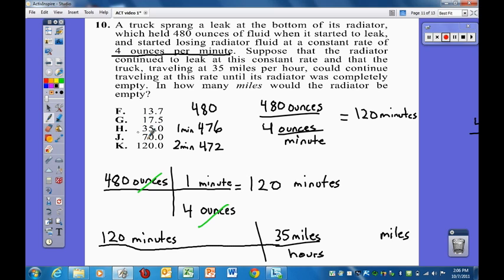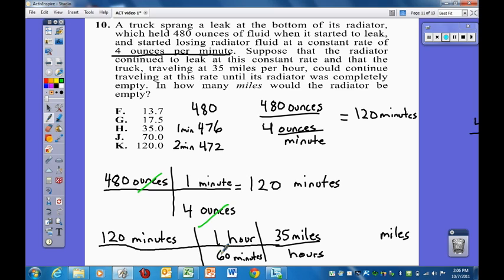And what's missing is a conversion factor that's not listed in the problem. You have to know that there are 60 minutes in 1 hour. And that becomes another conversion factor to help us get our unit into miles.